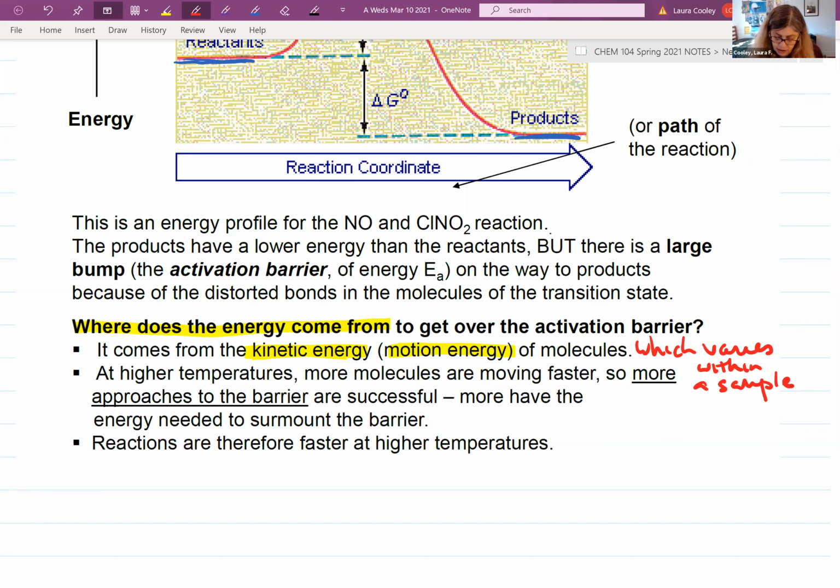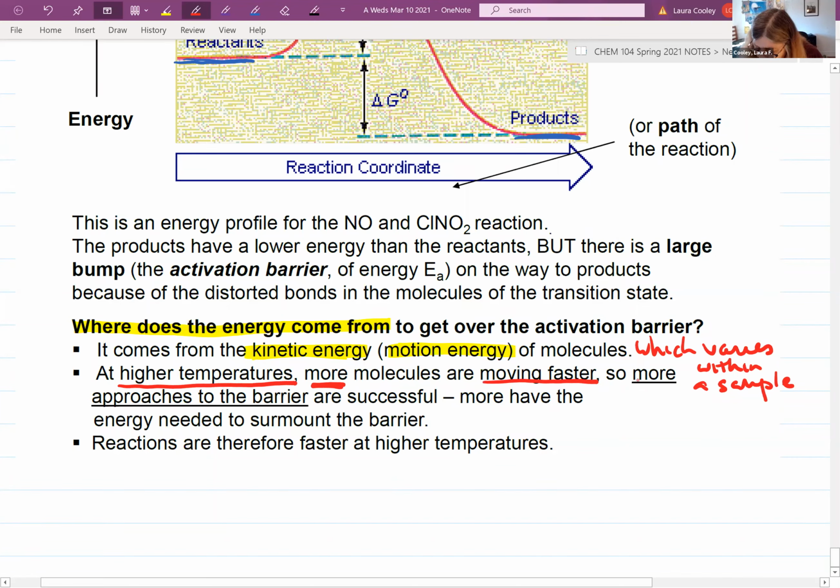And now I need to mention temperature, okay, because temperature is very important in determining how much energy there is to give out in a sample. The higher the temperature, the more energy there is. So at higher temperatures, you have more molecules that are moving faster.